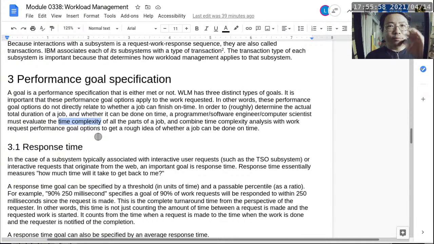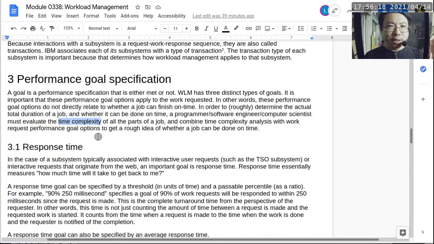Those are the rare type of algorithm, but there are such algorithms where you can double the size of the problem and it just adds a little bit to how much time it takes to finish the job.